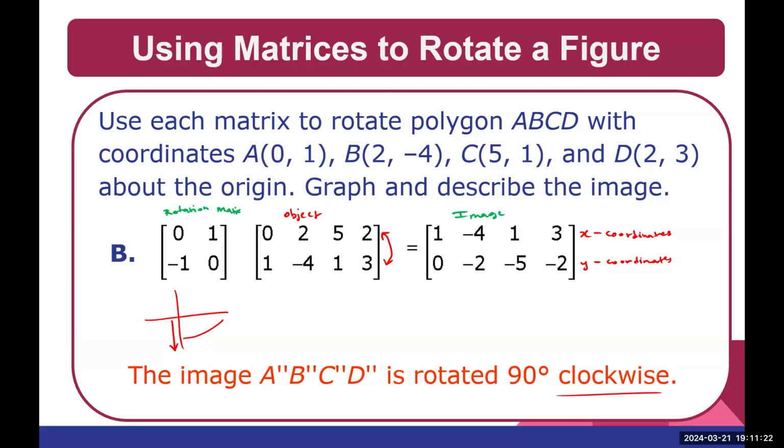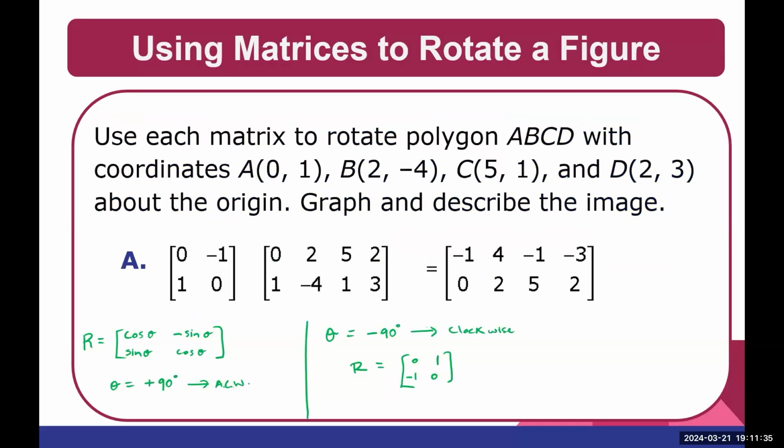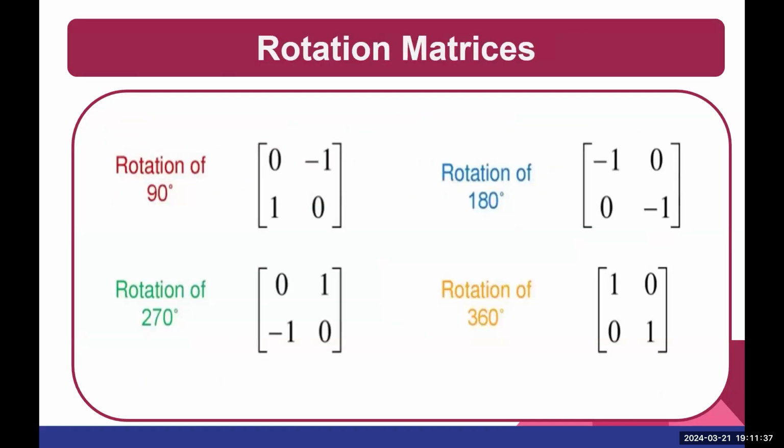But the key idea behind this is to have an understanding of the different rotation matrices that you will encounter. The four main matrices are for all positive angles. And if we change to a negative angle, something will happen for some of them. So just bear that in mind. I know it's a lot to recall, but if you're able to recall the general form for the rotation matrix, then you should be able to find all other forms of rotation matrices, right?